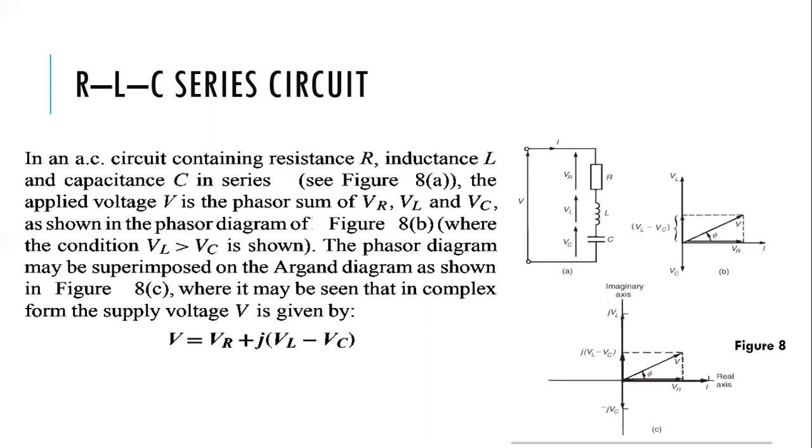The phasor diagram may be superimposed on the Argand diagram as shown in figure 8C, where it may be seen that in complex form, the supply voltage V is given as VR plus j times VL minus VC.